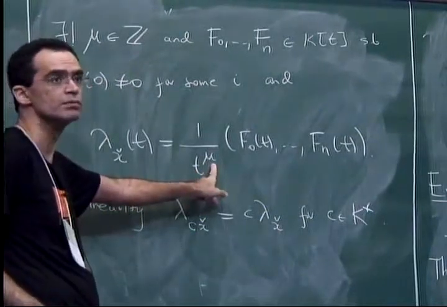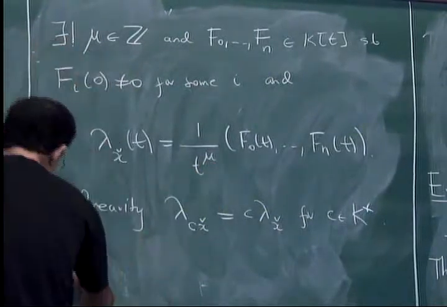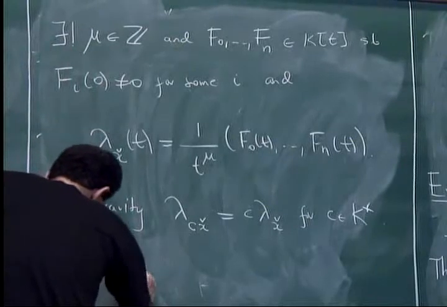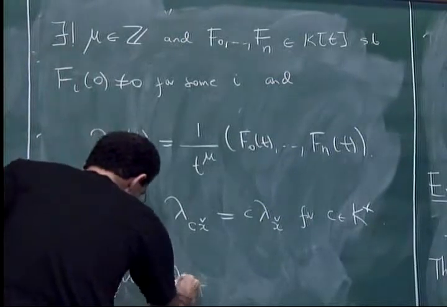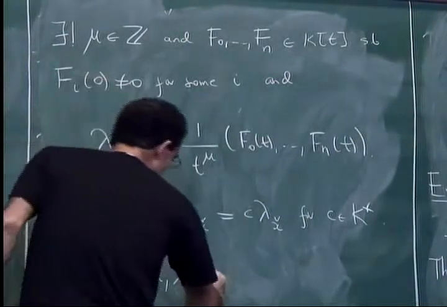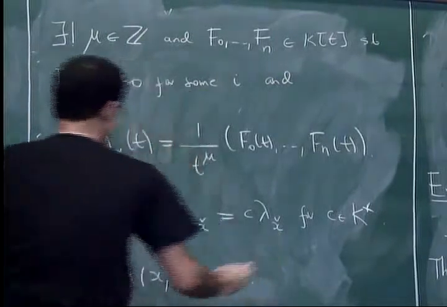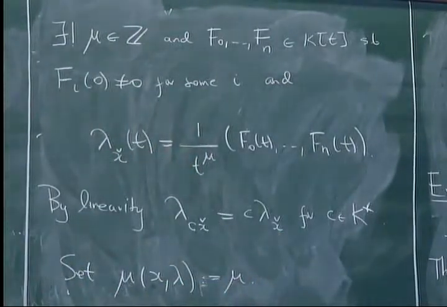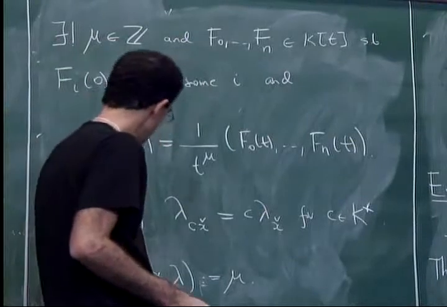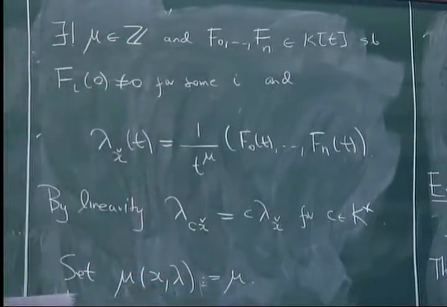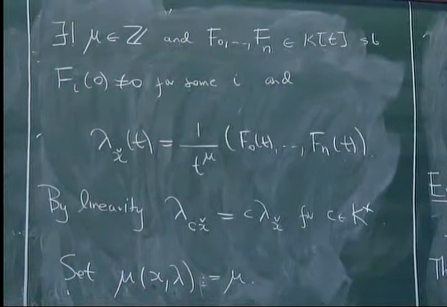It's the same mu. So I can define mu of x and lambda, and not x check, as this mu. Okay, so given a point on X, or even on Pn, but we consider on X, and a one-parameter subgroup, I have this integer associated to it. That is defined in this way.